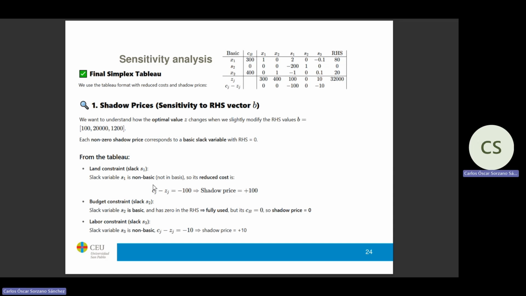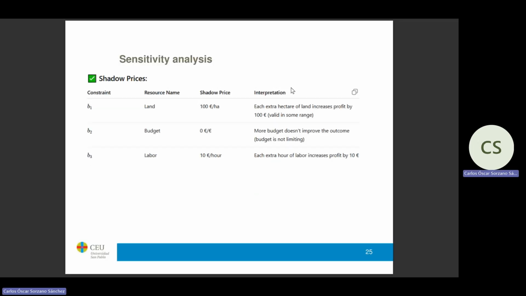This was the land constraint, so the shadow price is 100. The shadow price of the budget is 0, and the shadow price of labor is plus 10. So how to interpret that? For each extra unit of land that you have, the profit increases by a factor of 100.